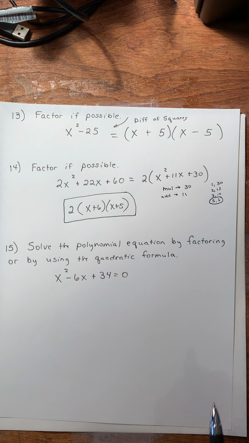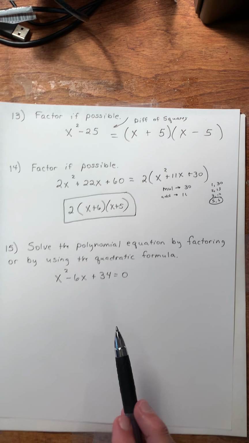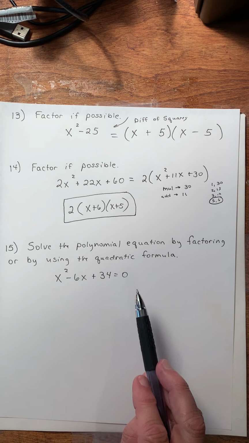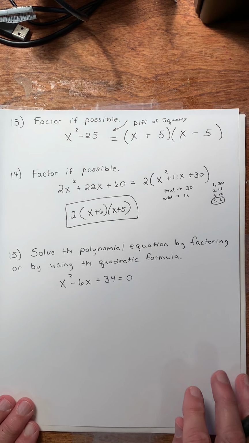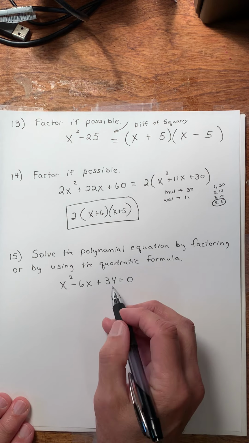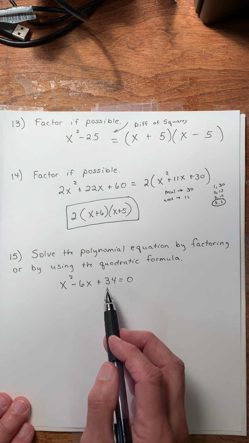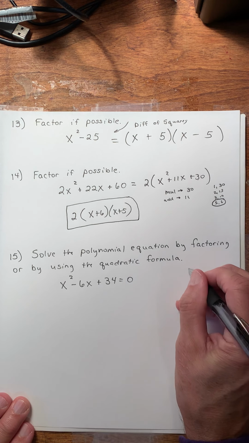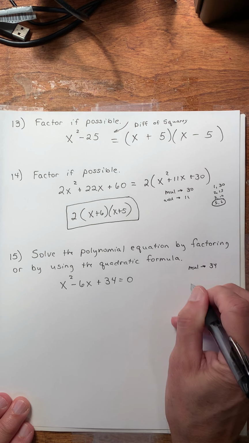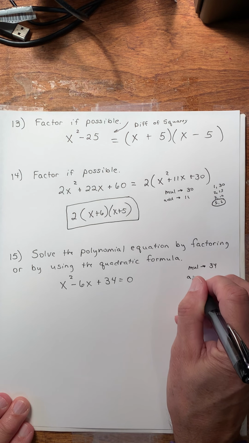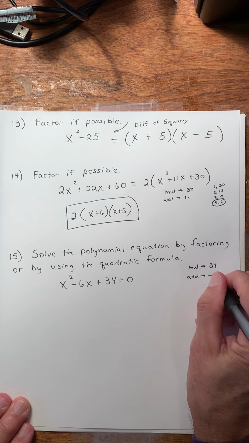So there's your factored polynomial, trinomial. All right, solve the polynomial equation by factoring or by using the quadratic formula if it doesn't factor. Some things don't factor, right? So here we go. Hey, 1 in front of the x squared. So I can ask myself the question, what two numbers multiply to get 34, add to get negative 6?